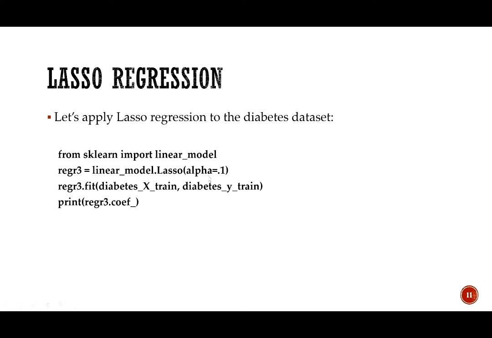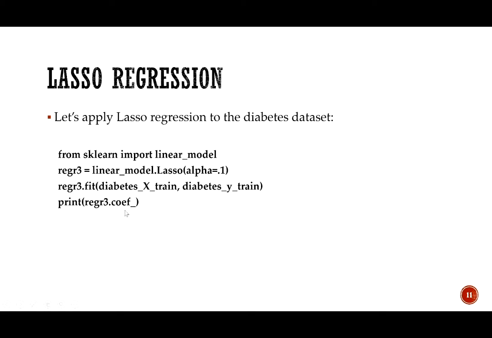So we need to pass the value for that tuning parameter, and here alpha equal to 0.1 is the tuning parameter. So this can be chosen arbitrarily. In practice, we use some cross-validation techniques to find the best value for this tuning parameter. Then we call the object, we can apply the fit and predict methods, and we can print the coefficients.